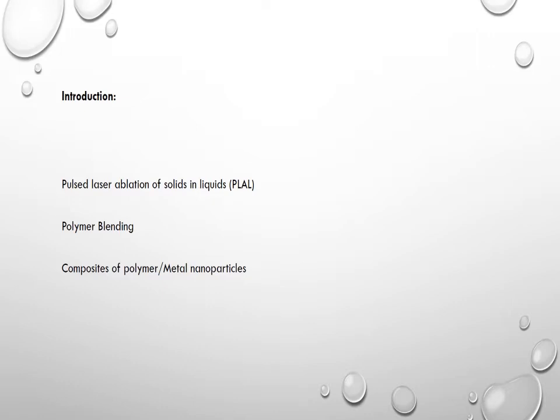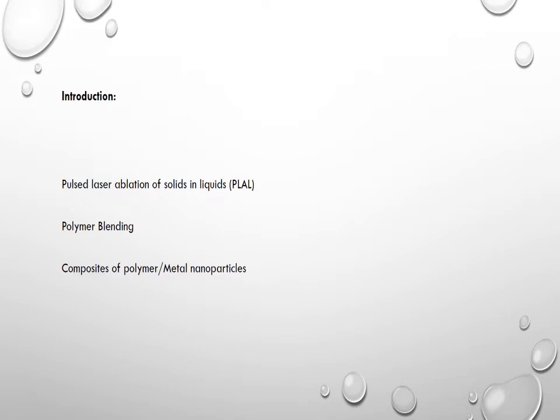Several researchers have evaluated the production of gold nanoparticles by the laser ablation process and found the high quality of the prepared gold nanoparticles in comparison with those prepared by chemical methods.